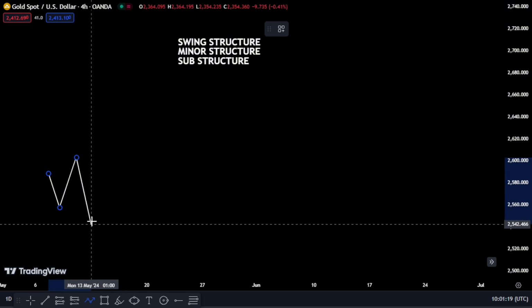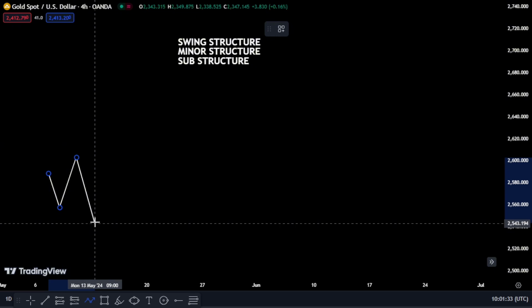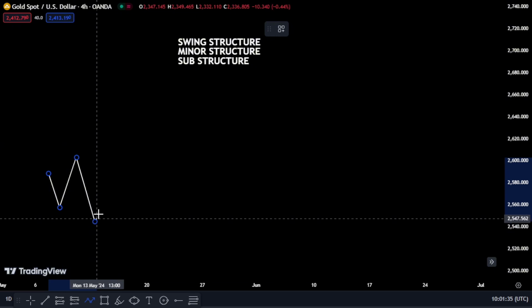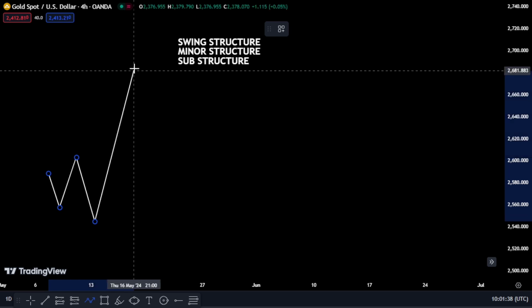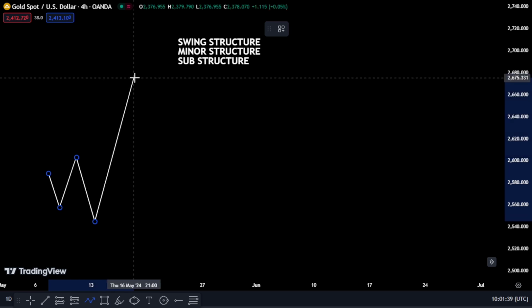After this sweep of liquidity, a low is being taken out, and the new low being formed becomes our protected low. Then you expect the market to break structure to the upside.